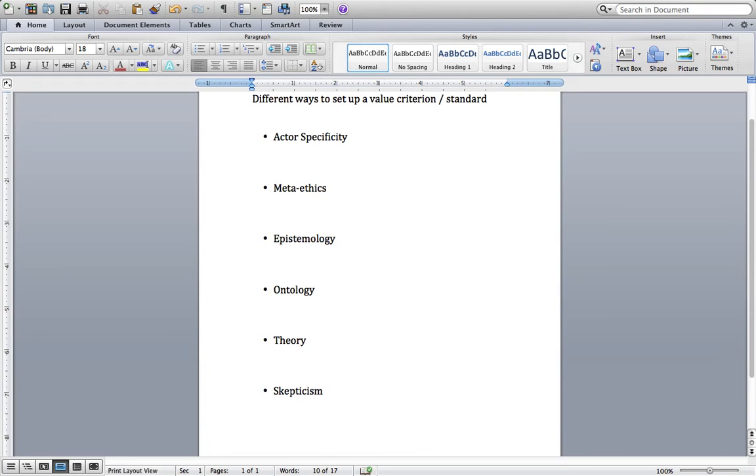Awesome. So here's how actor specificity works. The argument is that normativity is actor specific, that what you ought to do depends on who you are. So if you are a government, your obligations, moral obligations, and ethical codes are different than if you are a normal human being or a citizen or some sort of individual.